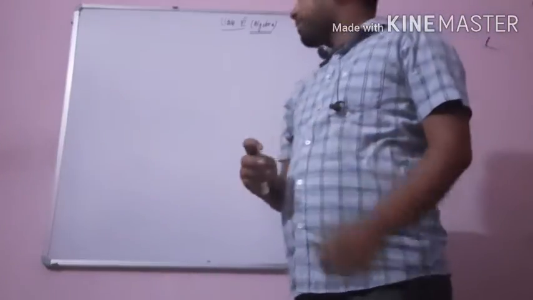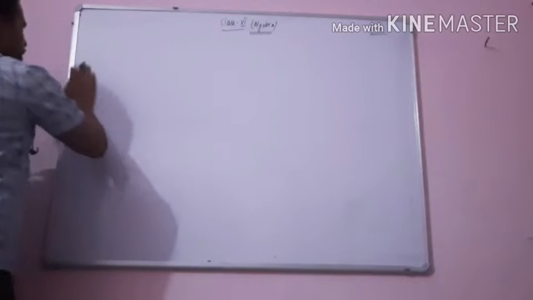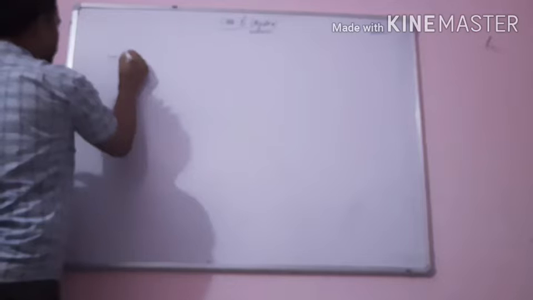Good morning, students. In the last class, we did the exercise and we saw the formula for the perimeter of a square.